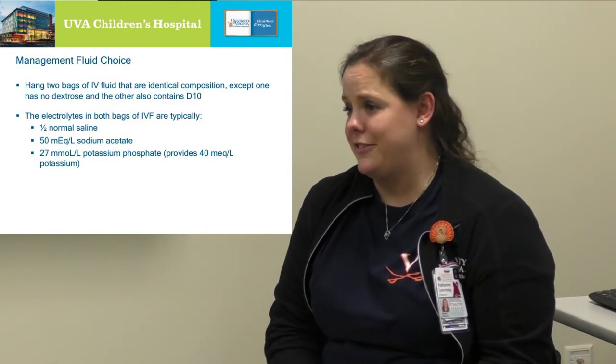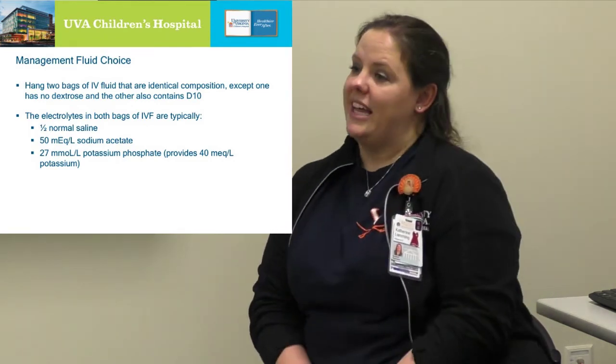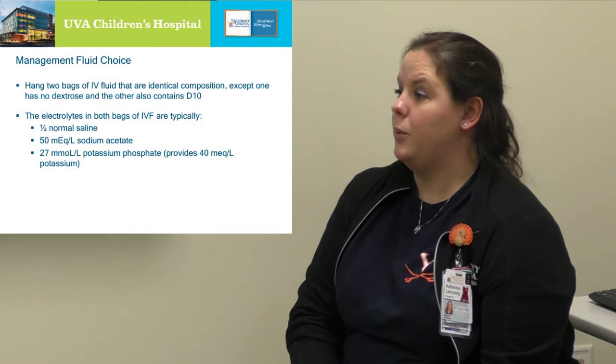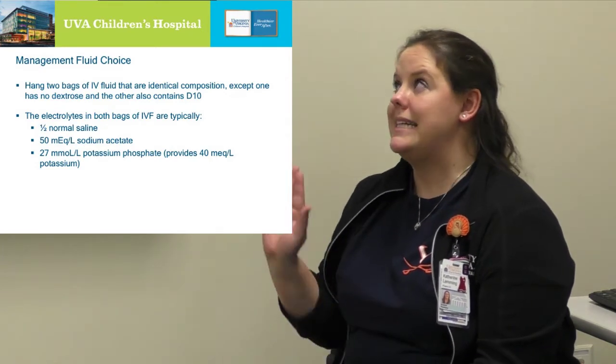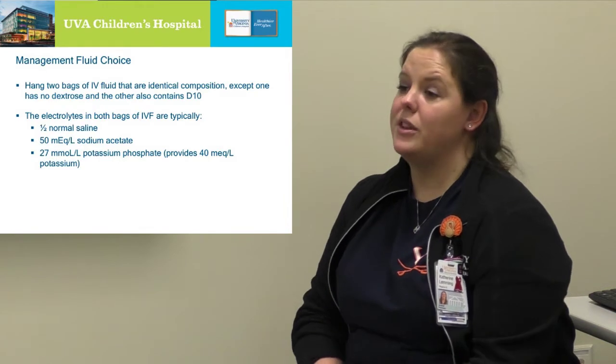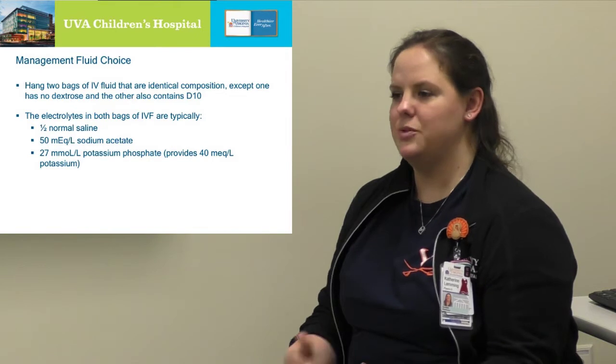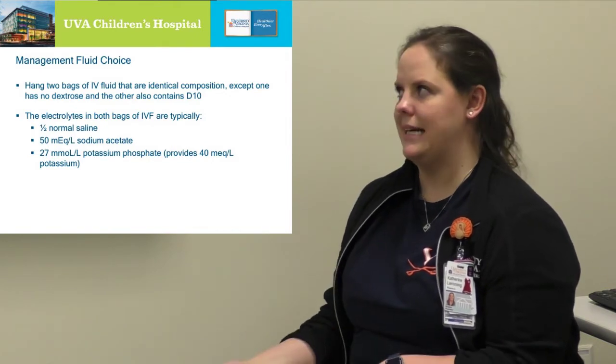This is very different than our adult population. It's 2 bags of IV fluid that are identical in composition, with the exception that one contains D10 and one does not contain dextrose. The electrolytes are the same in both bags. The only difference is one contains dextrose, one does not.